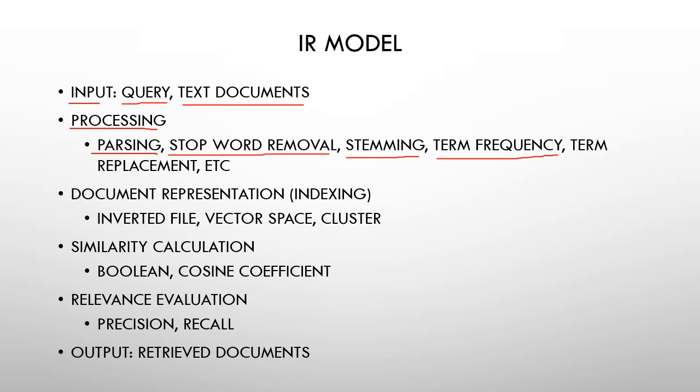For example, learning might be replaced by study, etc. And then followed by the document representation, which is sometimes called indexing. We could use the inverted file format. We will see later on what the inverted file format looks like.